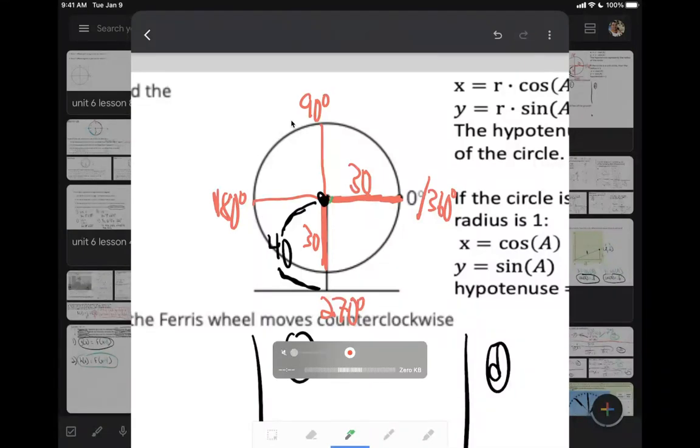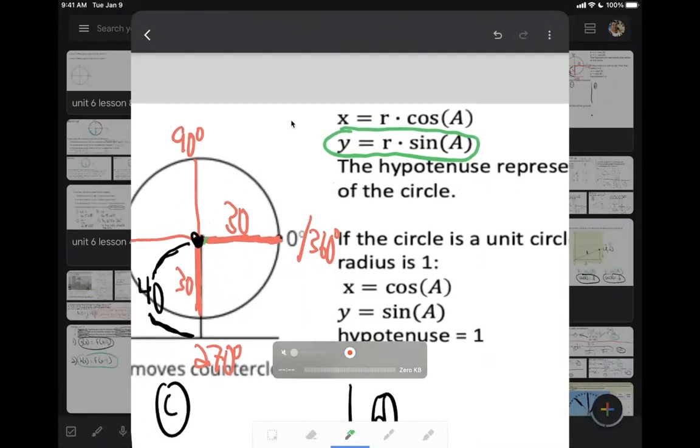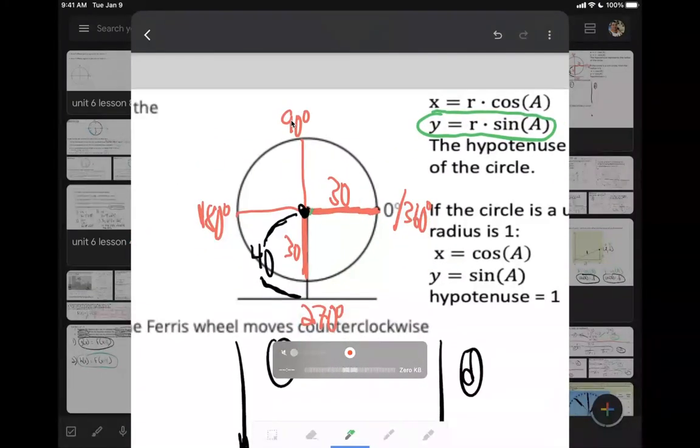So when I plug into this formula right here, since I know I want to find the Y value, the answer that the calculator gives me is not going to be the actual height. That answer is going to be the height in relation to the circle.